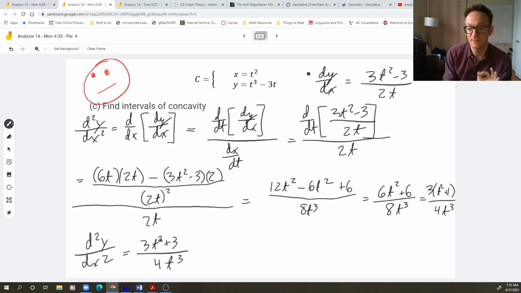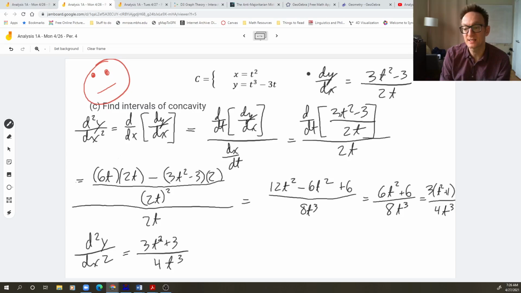More precisely, I have a function which takes as input a time and outputs, for the location on the curve where I am at that time, the rate of change of the slopes of the tangent lines to the curve.